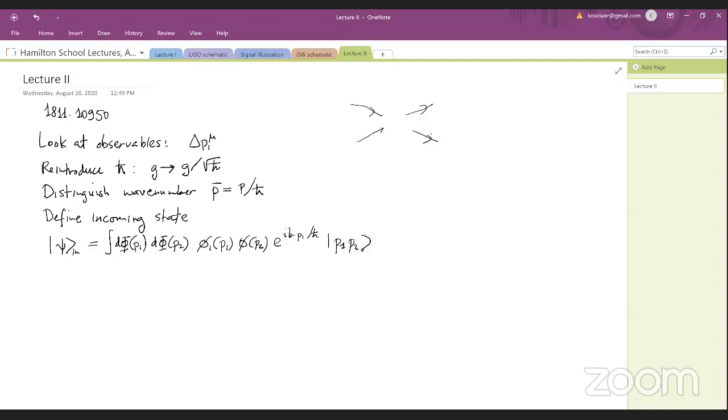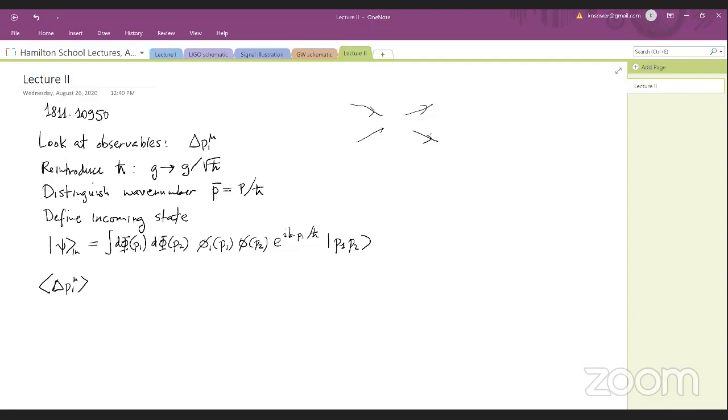And then there's a phase factor, which takes into account the fact that we're not shooting these particles directly at each other, but there's an impact parameter. And we derived a general all orders formula for that observable in the quantum theory.